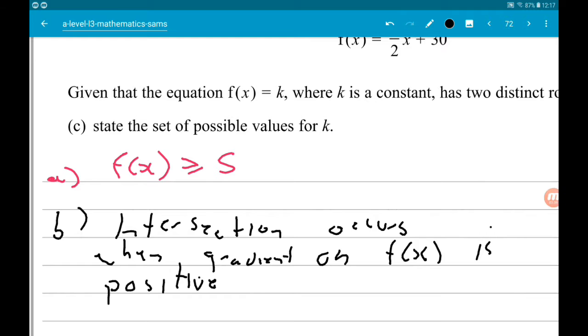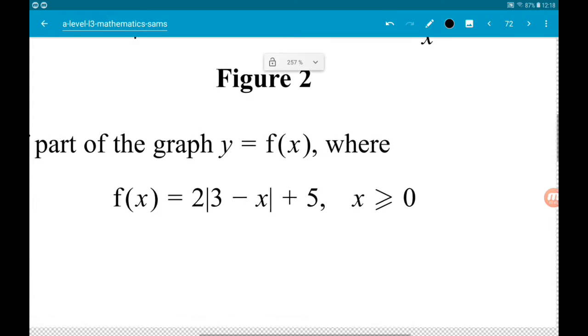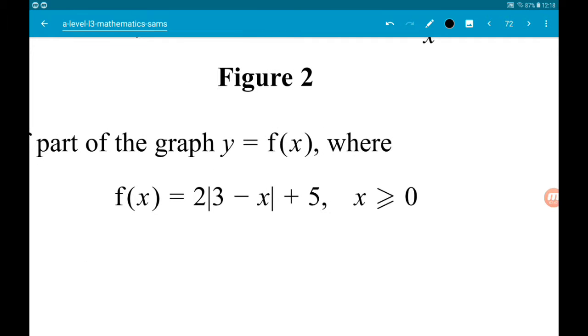So that means then that we can't be dealing with 3 minus x, we're going to be dealing with x minus 3. Or you can stick a minus on the outside of the 2. But remember, you do that with moduluses for solving an equation.